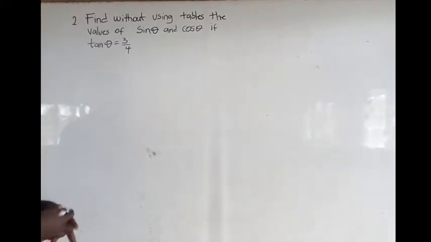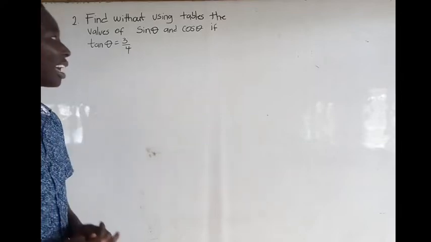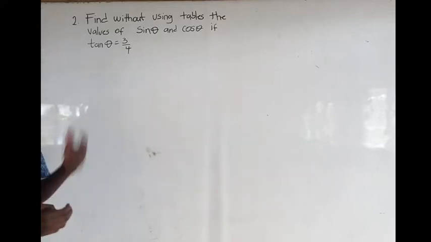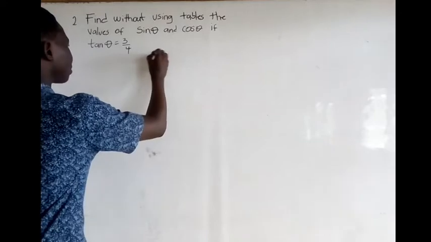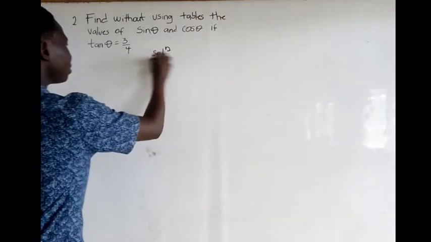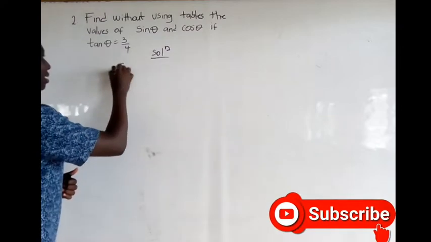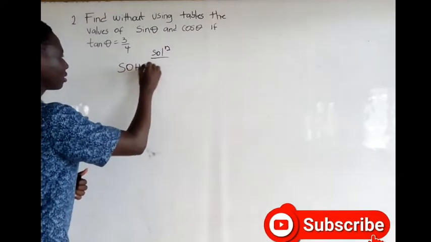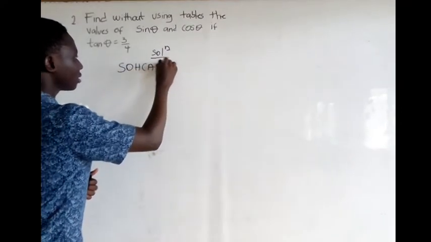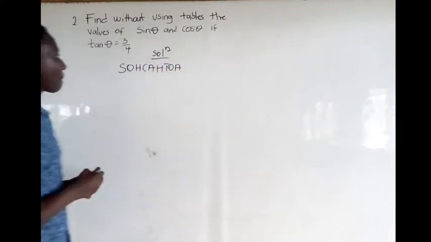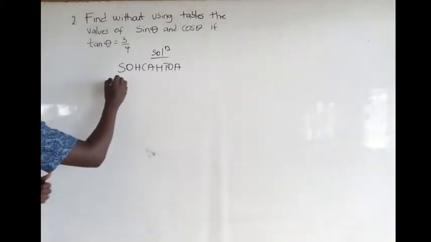Find without using tables the values of sine theta and cos theta if tan theta is equal to 3/4. Again, we're going to use the same approach, which is the SOHCAHTOA. So we draw the right angle triangle.